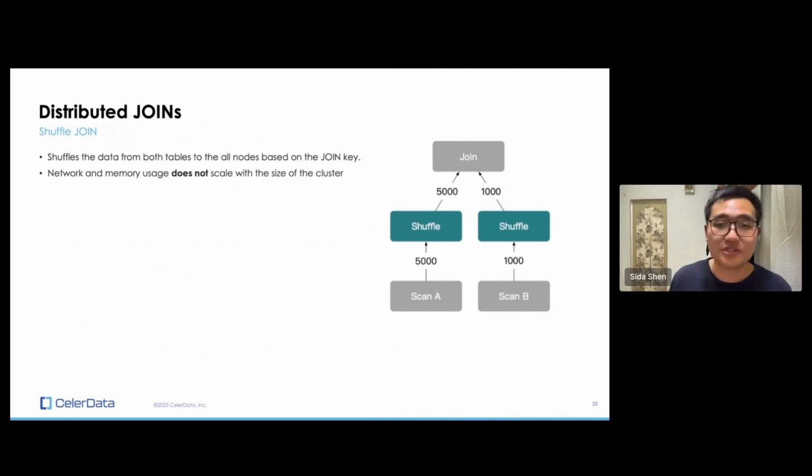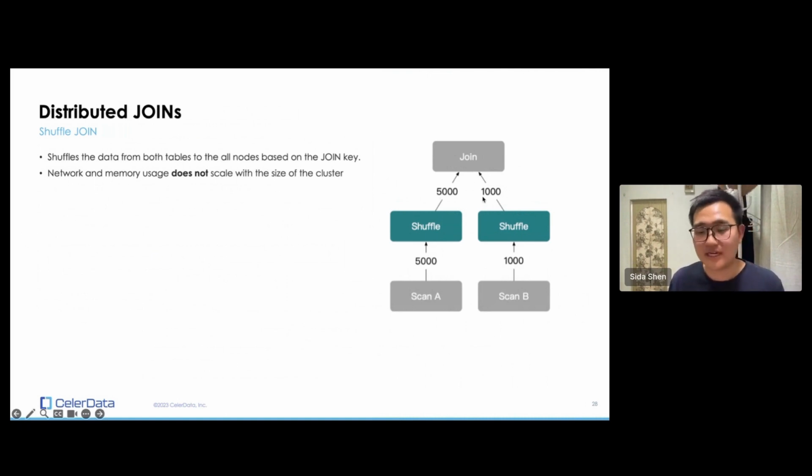So shuffle join shuffles the data between both tables to all of the nodes based on the join key, right? Say if you have 200 nodes, the data that's being transferred in the network and that's being processed in memory is still 5,000 rows and 1,000 rows, right?